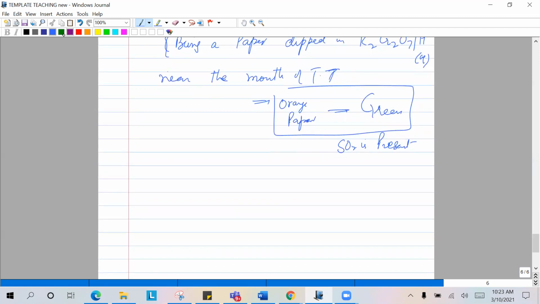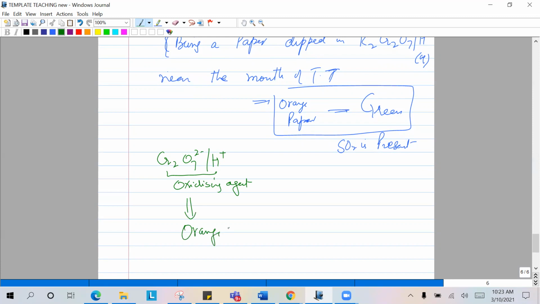Now, why is this happening? This is happening because the dichromate ion, Cr2O7 2-, in acidic medium is an oxidizing agent. Just like KMnO4, it is an oxidizing agent, and this is orange in color.